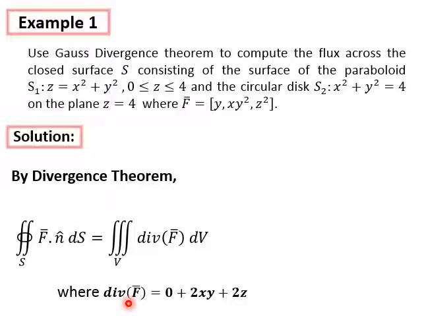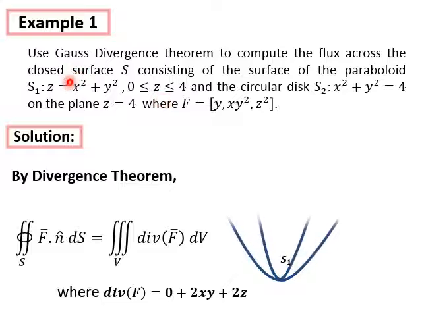Here divergence of f bar is: differentiating y with respect to x gives 0, plus differentiating the f2 component with respect to y gives 2xy, plus differentiating the f3 component with respect to z gives 2z. So the divergence of f bar is 2xy plus 2z.